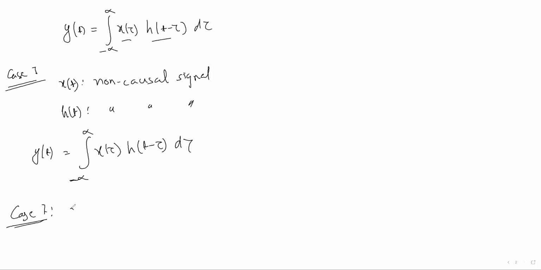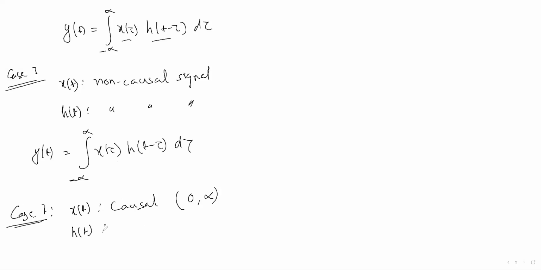Case 2 is, let x(t) be a causal signal. Okay, causal signal means it exists only from 0 to infinity. Okay, a signal which exists for 0 to infinity time duration, those signals are called causal signals.